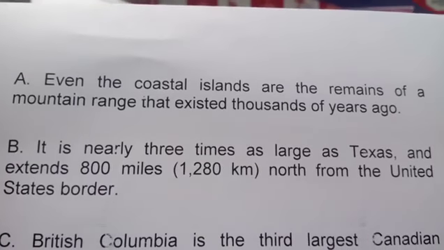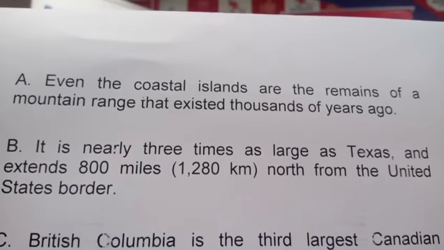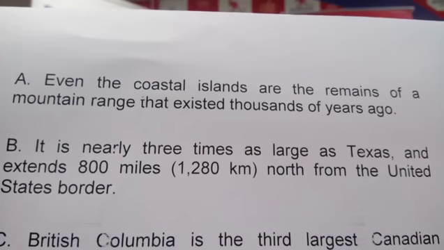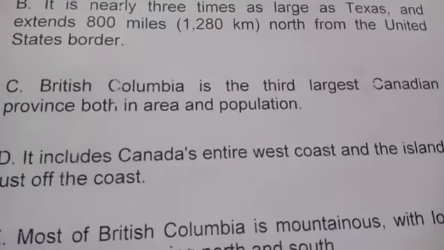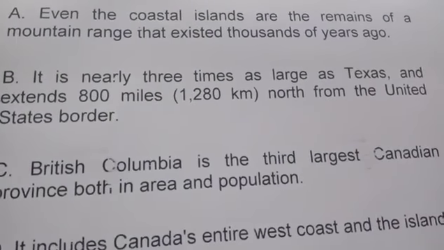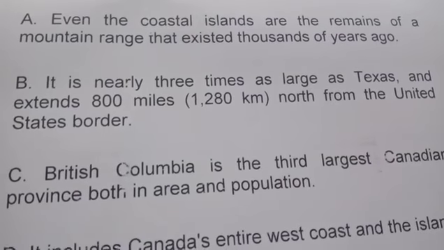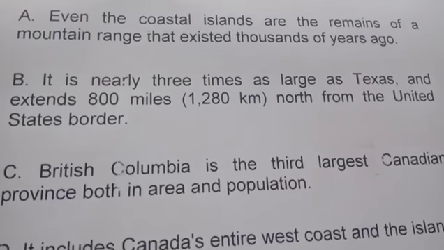And lastly, even the coastal islands are the remains of a mountain range that existed thousands of years ago. So the correct order for this question is first C, because it begins the introduction for British Columbia. Then B, because it furthers the introduction, that is, British Columbia is nearly 3 times as large as Texas.